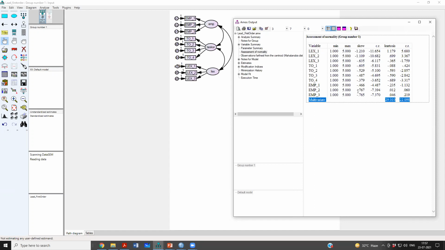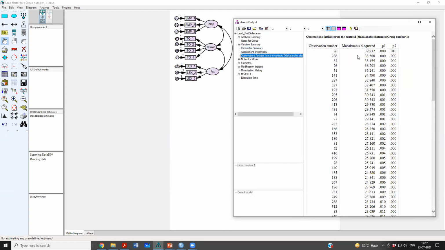Together the data is non-normal, and ordinal data is always non-normal. Then we were looking at the Mahalanobis distance. We did not see any significant break in the trend of the distances, so we say that there is no outlier here.